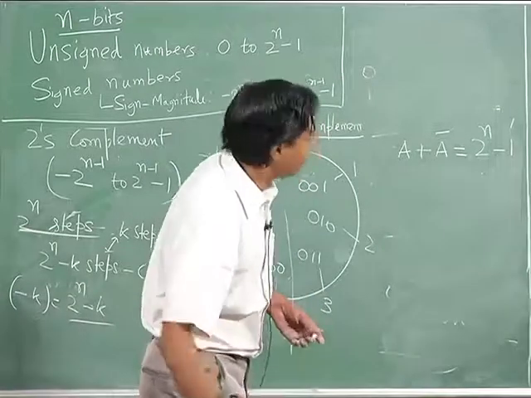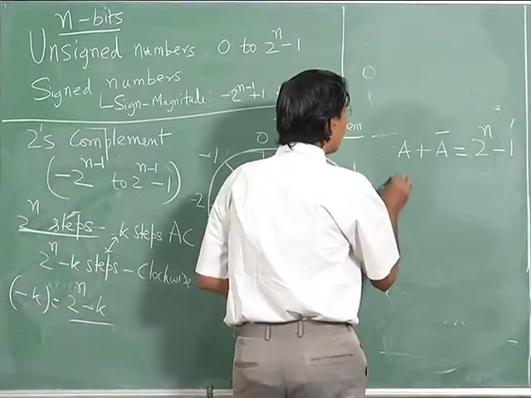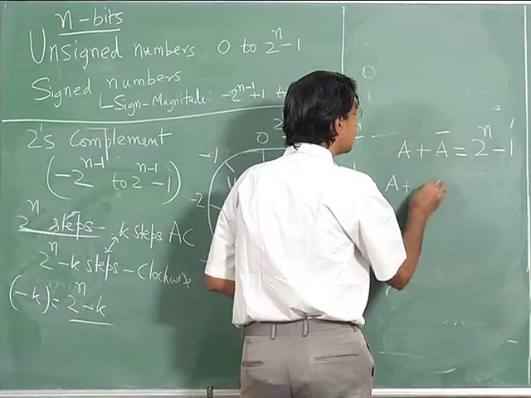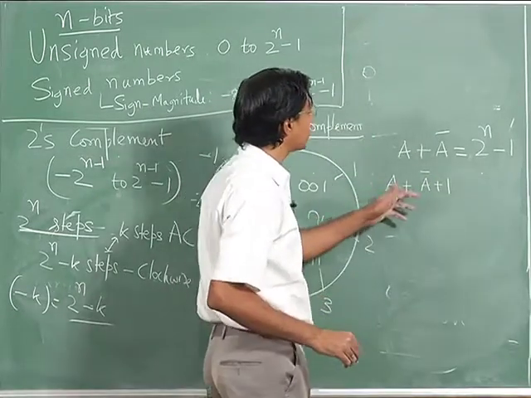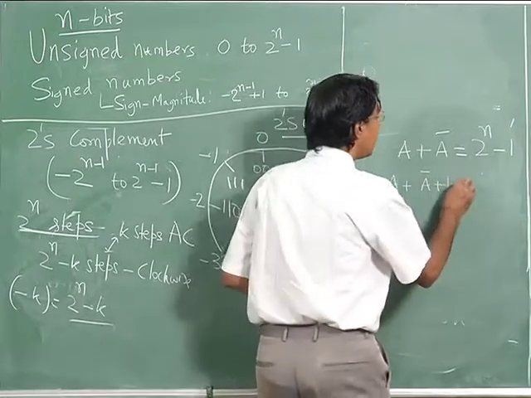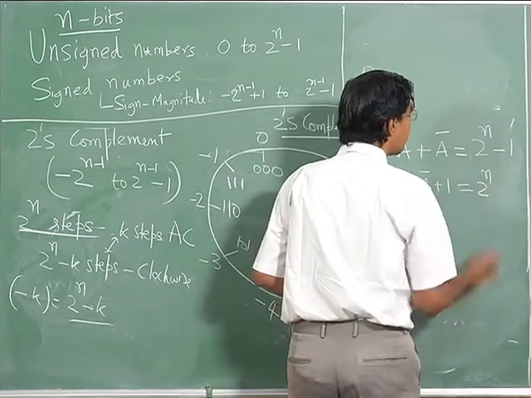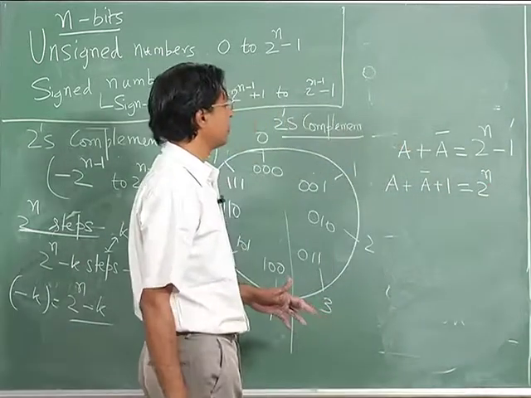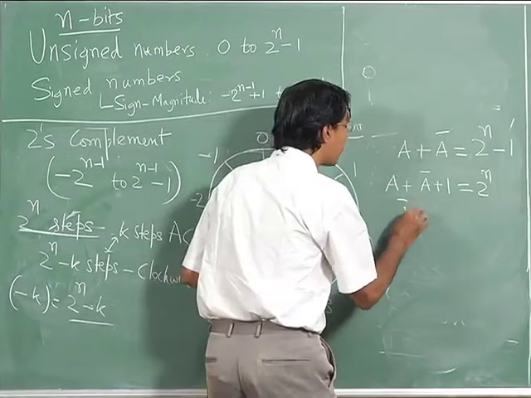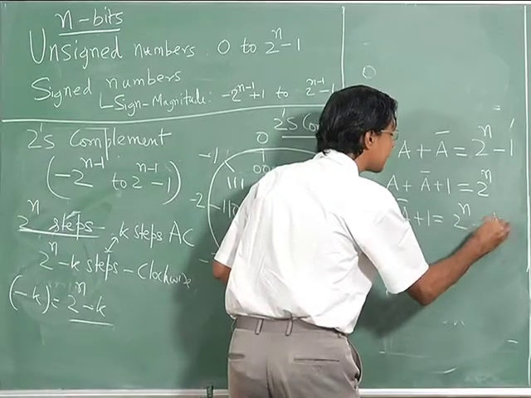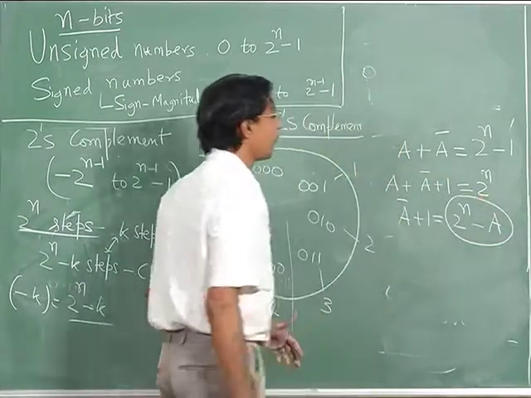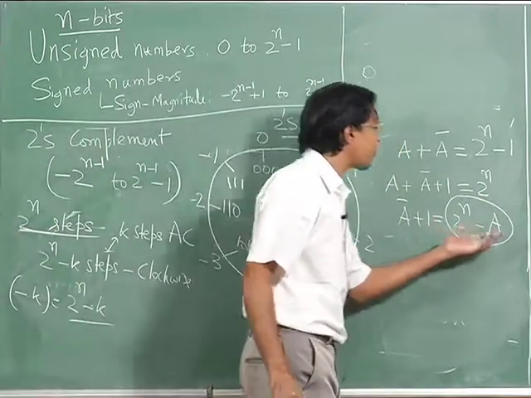To this, in our operation after complementing the bits, I also add 1. So A plus A complement plus 1 is nothing but 2 power n. So A complement plus 1 is equal to 2 power n minus A, and this is exactly what I want.